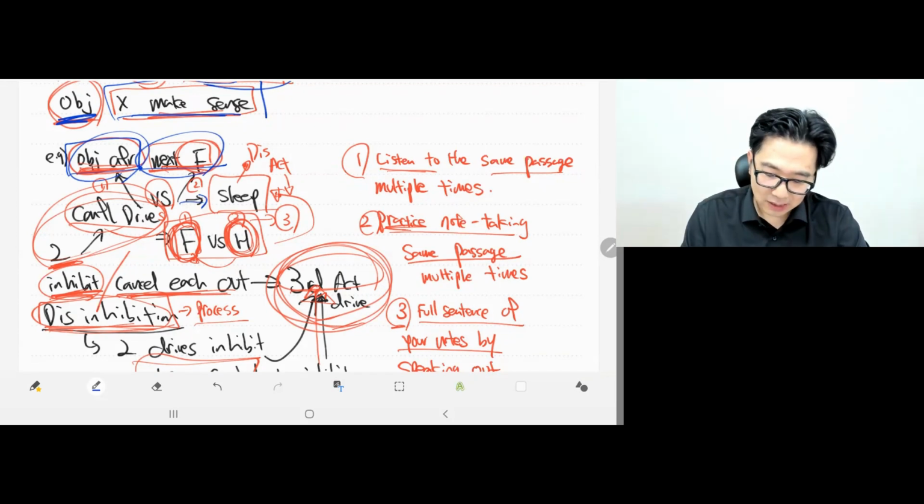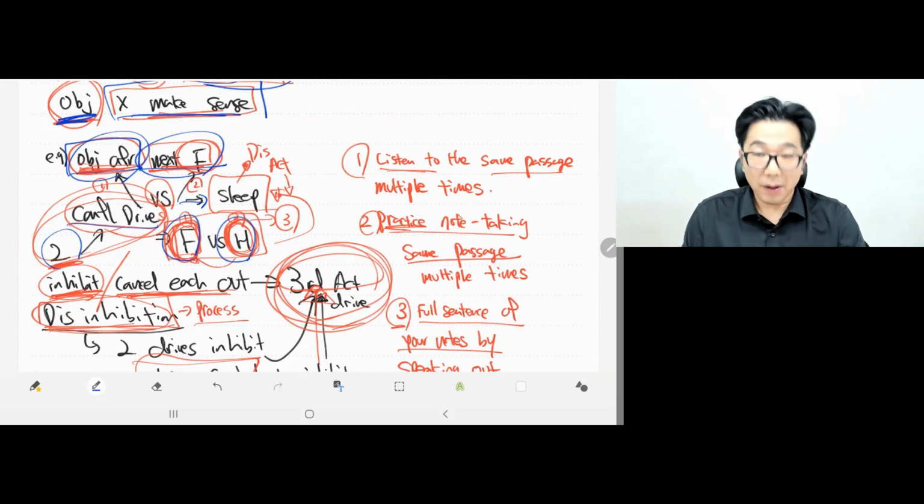Yes, that's exactly right. And the animal had two conflicting drives, fear or hunger, but the animal took an action that has nothing to do with fear or hunger. Okay, so that's a good example.